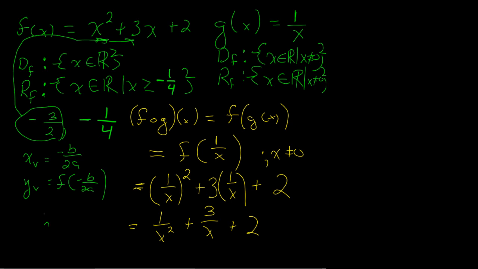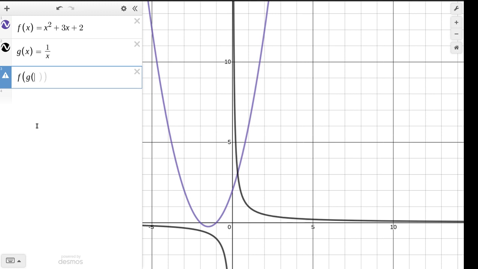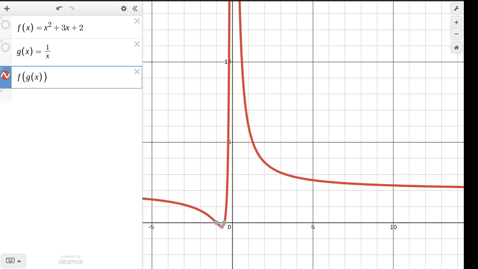Let's use our software to graph this. There we go. Close it out. And we get this complicated graph happening because the function has to respond to the two changes that are going on.